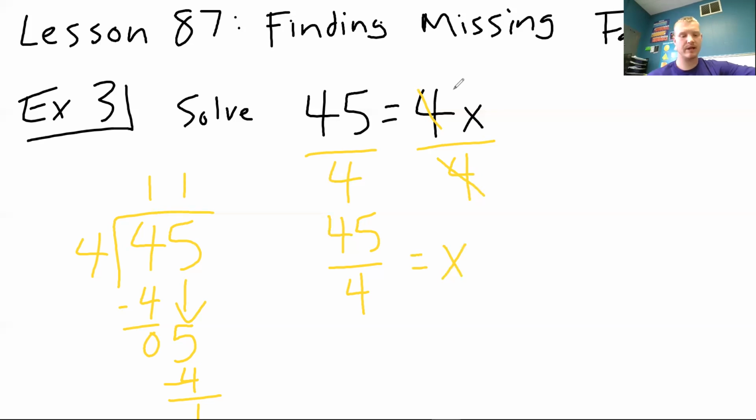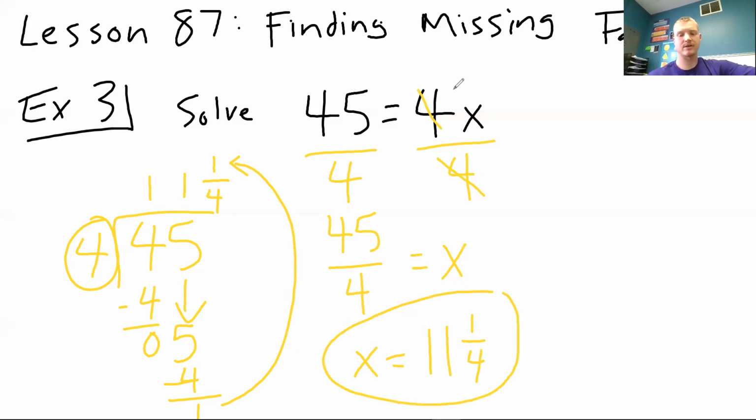So my remainder here is 1, so that's going to go up in my numerator. My denominator is the number that I divided by, which is 4. My answer is going to be x equals 11 1/4. Circle my answer. Okay? So go ahead and keep working through your problems.